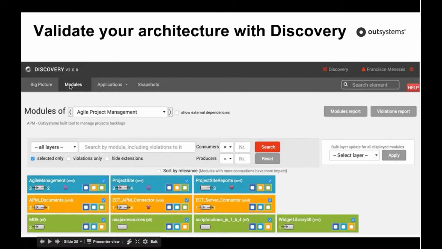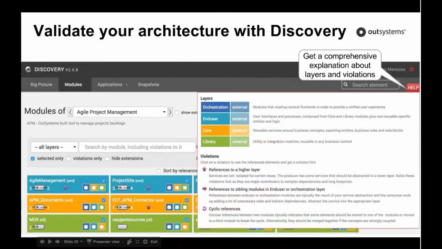But at module level, I can actually check the composition of my application, see the layers of my application. I can select what is the application I'm looking for. And in this tool, the help will give you a comprehensive explanation about the layers and the type of evaluation.